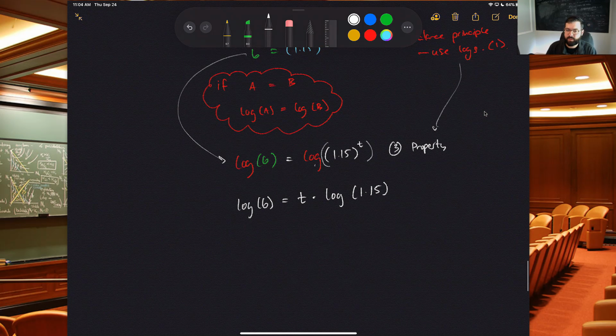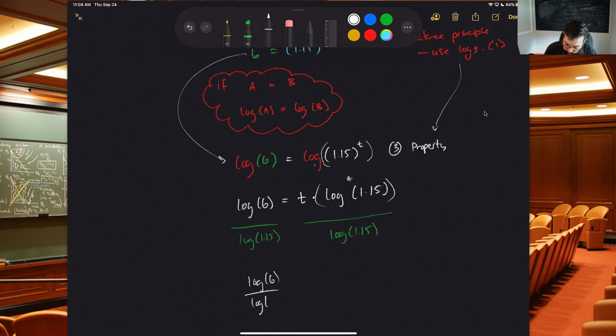And how does that help us? Well, log of 1.15 is just some number, right? So I can now divide both sides by that number to isolate t. So now I'll divide both sides by log of 1.15, again, whatever that is. And we'll get log of 6 over log of 1.15 equals t.